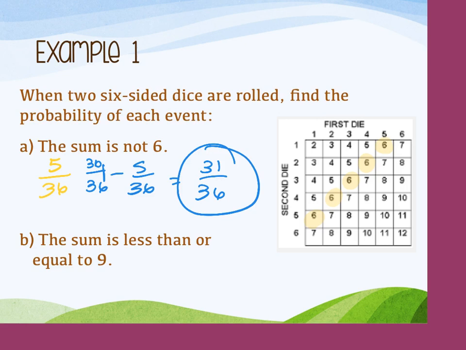B says the sum is less than or equal to 9. So less than or equal to, again, I could look at my board and I could say all the numbers that are less than or equal to 9, which is here all the way up. Now, are there more numbers that are there or not there? Not there. So instead of taking the there, I can count the not there: 1, 2, 3, 4, 5, 6, and subtract that from 1.